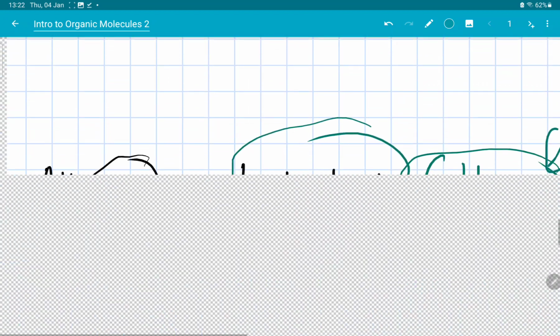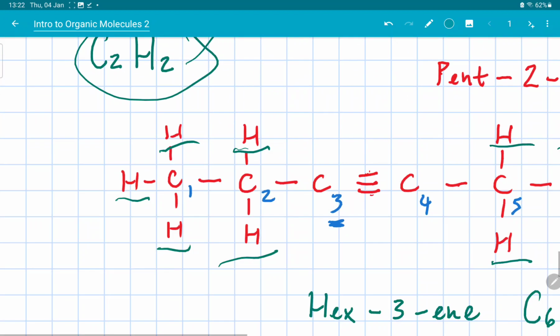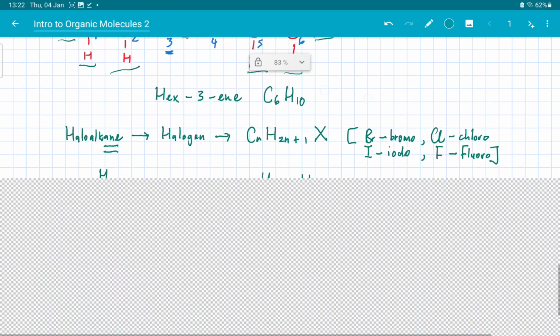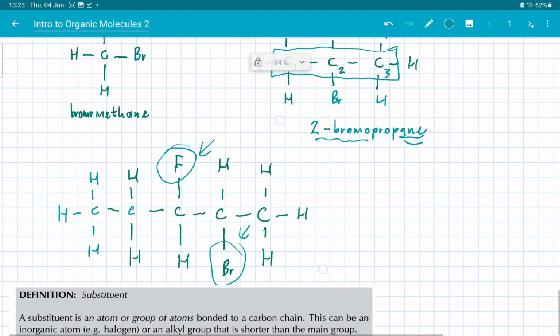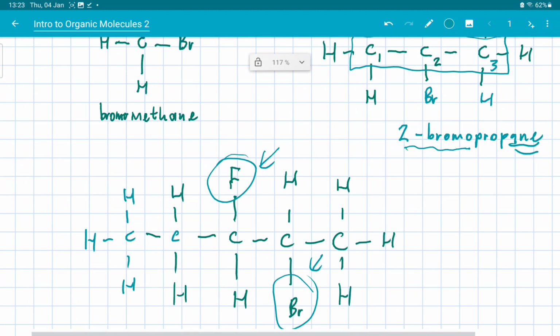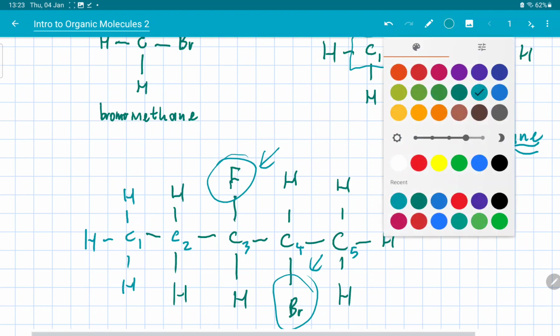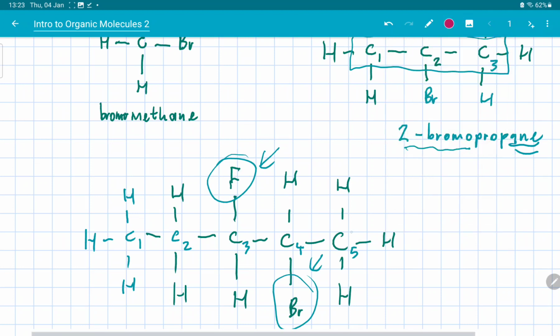So if we go here, where is it now? If you look at this molecule, when we start upper left, it's 1, 2, 3, 4, 5. And if we start at the right, 1, 2, 3, 4, 5.